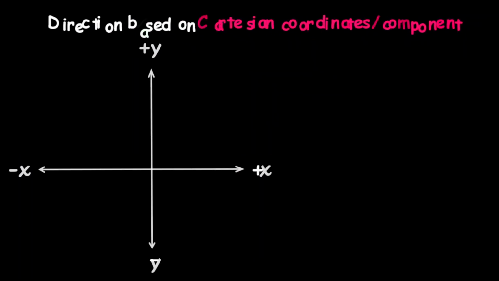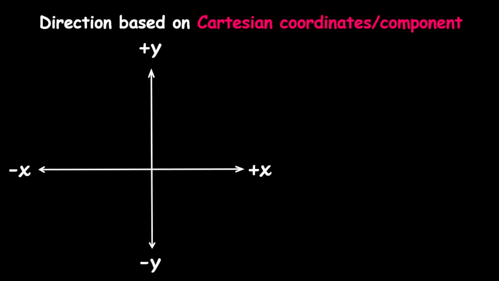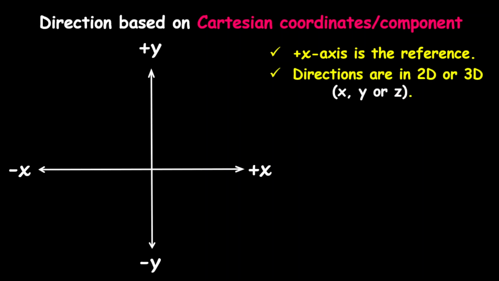All right, now we're going to look at direction based on the Cartesian coordinates or components. In the Cartesian coordinate system, what is important to note is that the positive x-axis is the reference. What is also important is that directions are in 2D or 3D, which could give us x, y, or z components.